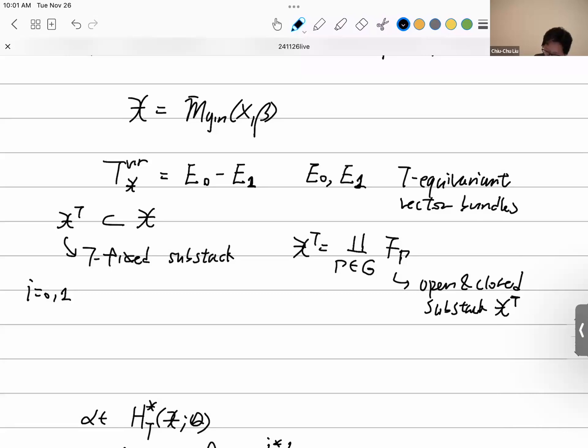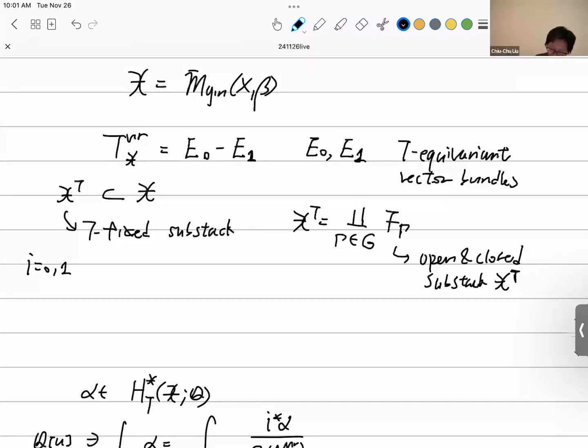Usually we will make them connected components, but sometimes it's convenient to let F_gamma be a union of connected components. So we have this. Now if we restrict E_i to each of these F_gamma, then T_X on the fiber decomposes into the fixed part and the moving part.